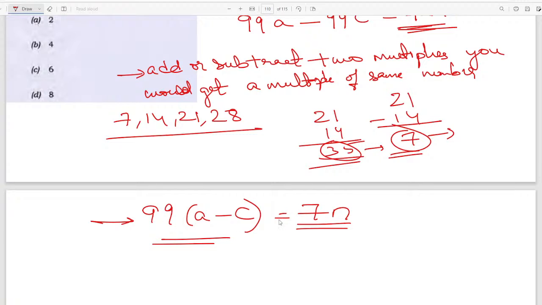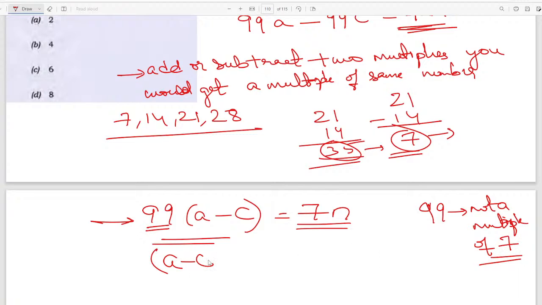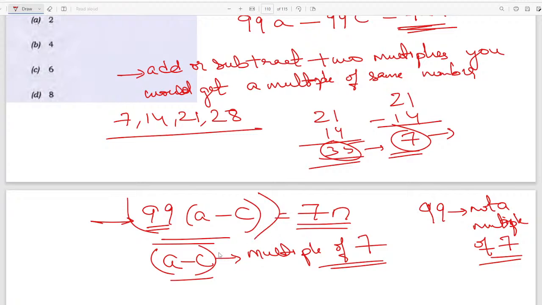And in this case, 99 is not a multiple of 7. So A minus C would have to be a multiple of 7. Only then can this whole number be a multiple of 7.